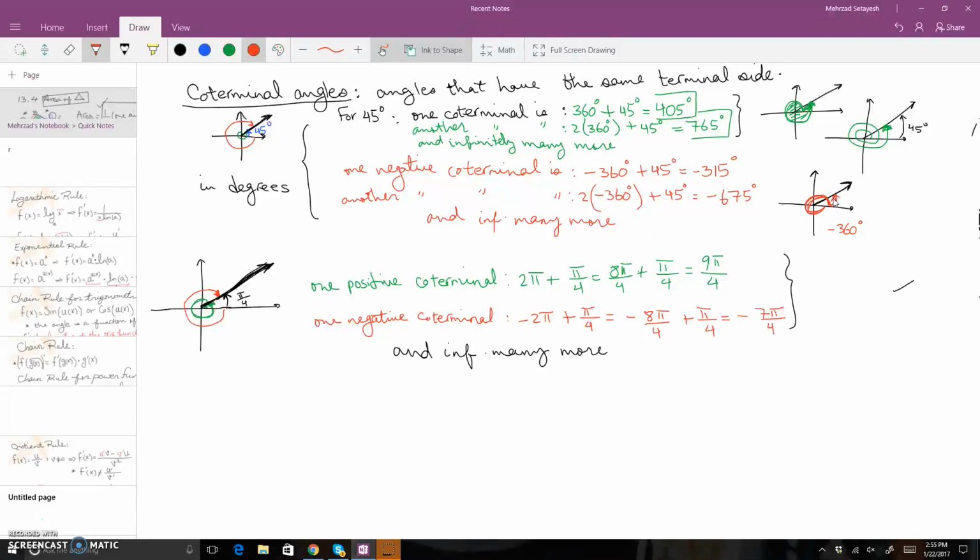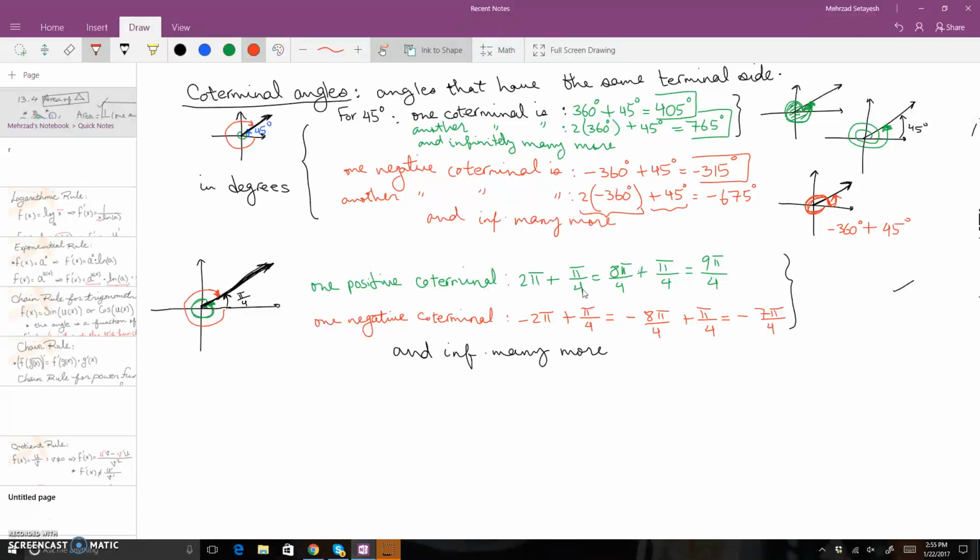How am I going back? Counterclockwise. Therefore, it's plus, and it's plus 45 degrees. So it gives us negative 315 degrees. Same way, you can go multiple revolutions on the negative side, and then at the end just add 45 degrees because that last part is a positive angle.